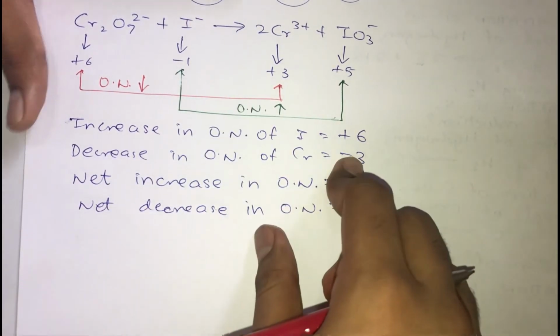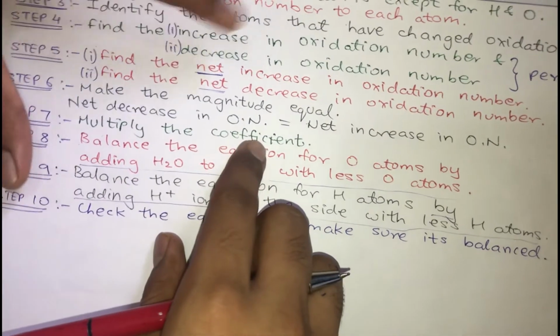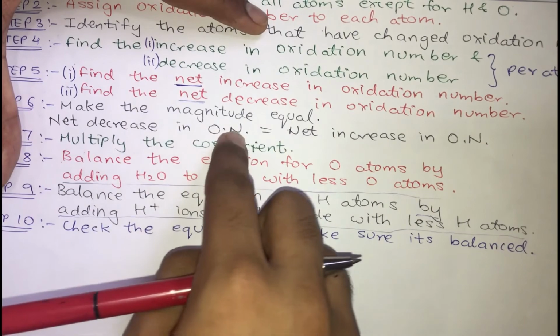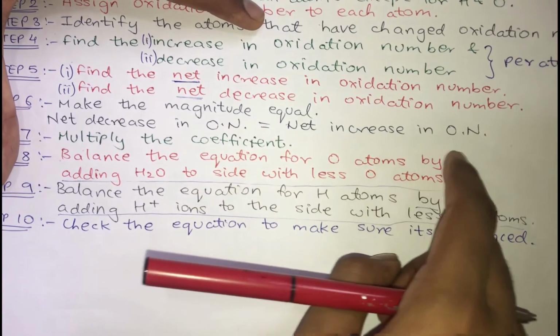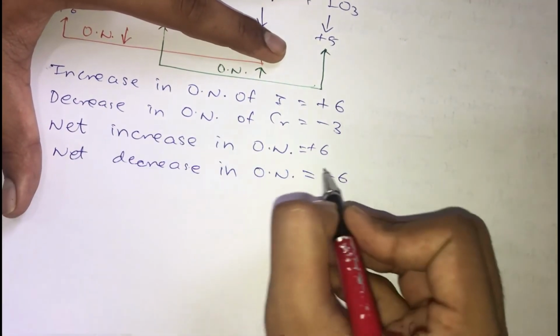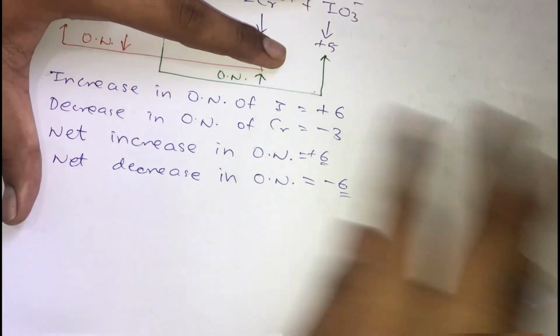Now the next job, make the magnitude of net increase in oxidation number equal to net decrease in oxidation number. But if you observe one thing over here, that the magnitude of both of them is same, so you don't need to make them equal and multiply by any coefficient.